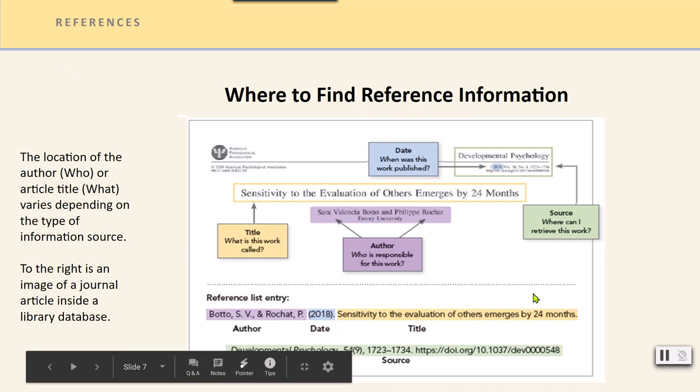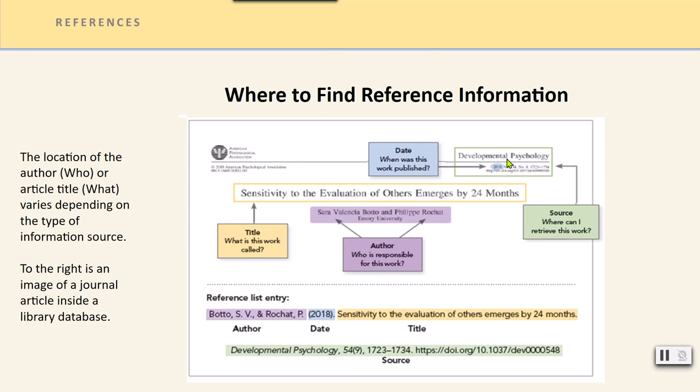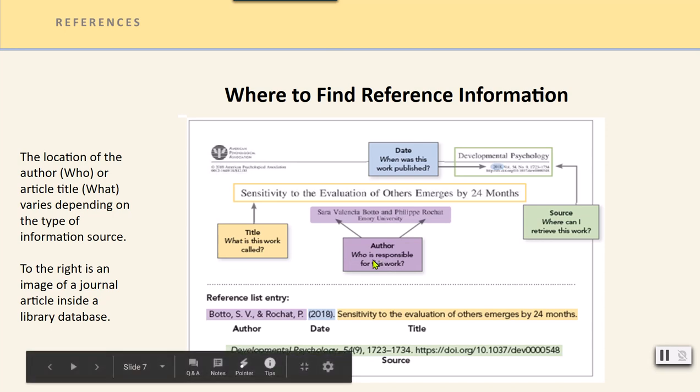And finding reference information. Here's an image from an article appearing in a journal called the Developmental Psychology Journal. You can see there's some color coding going on in this slide so that the purple represents the author and that information is placed as the first element, followed by the date in the blue, easily found on that first page, and then the title followed by the source.